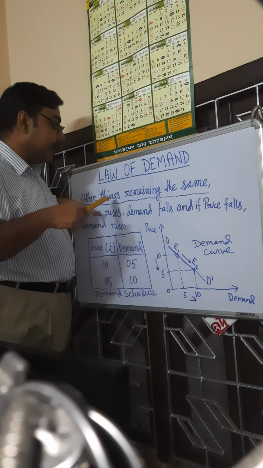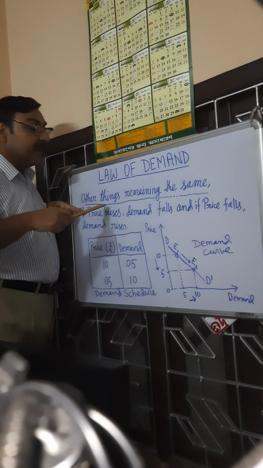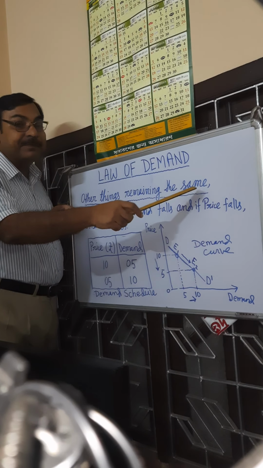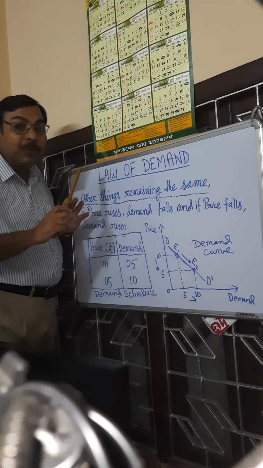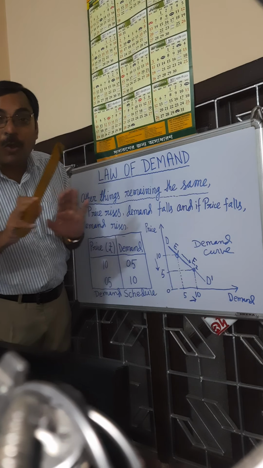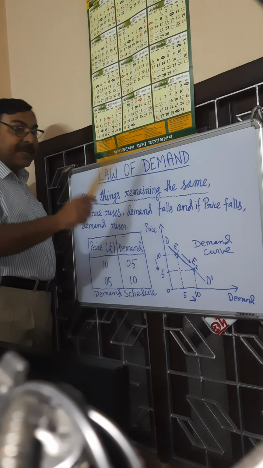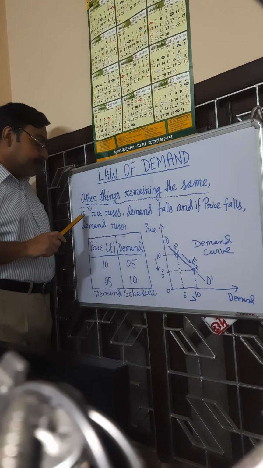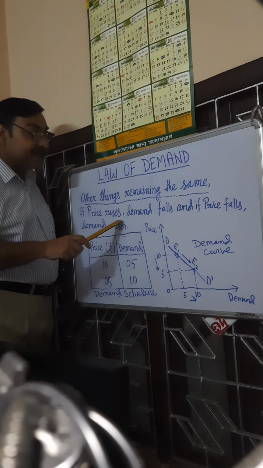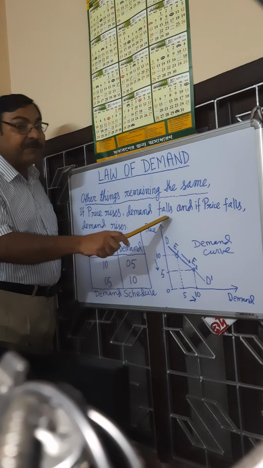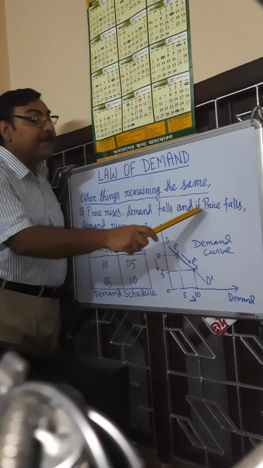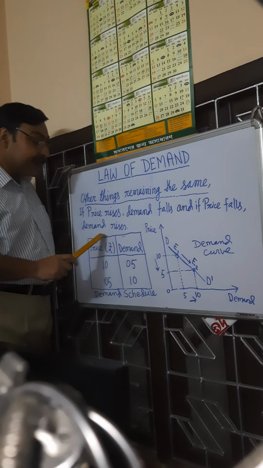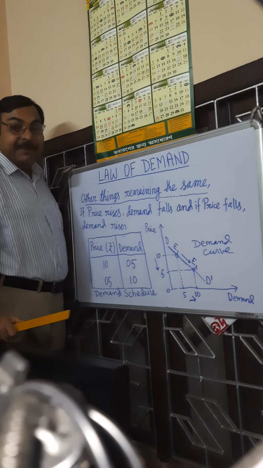Here we are assuming other things remaining the same. All those other factors are not changing. Then if we only consider price as the variable factor, if price rises, demand falls, and if price falls, demand rises.